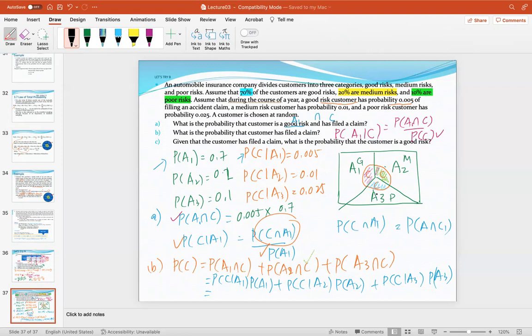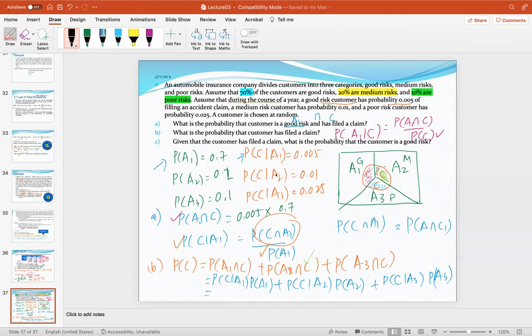Assume that during the course of the year, a good risk customer has probability of 0.005 of filing an accident claim. This means given A1, they are good risk and they still file a claim, so it's 0.005.